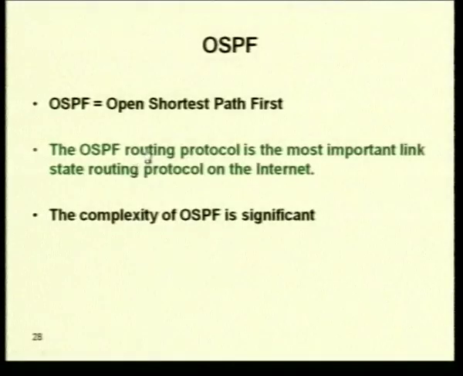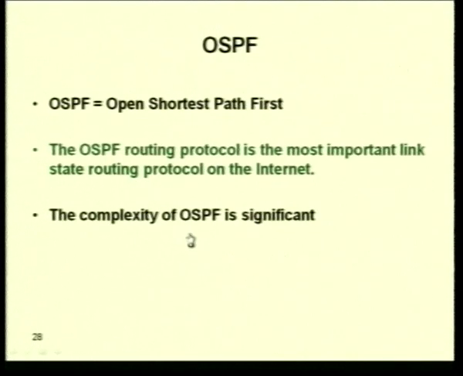Now coming to the OSPF protocol, which actually uses this link state routing algorithm. OSPF stands for Open Shortest Path First. Now this is the most important link state routing protocol on the internet. Of course the RIP protocol is also used, but OSPF is used whenever we are looking for proper convergence of the information.